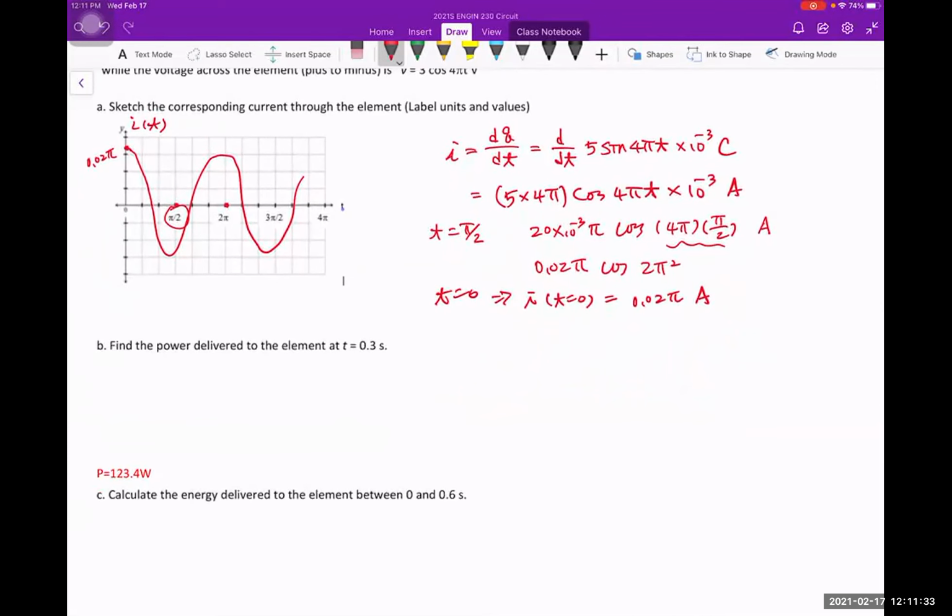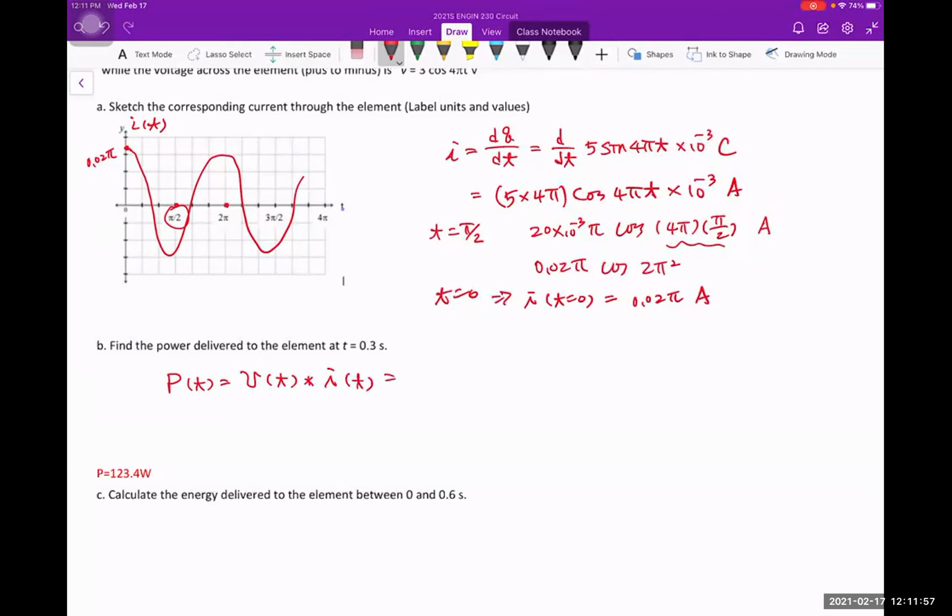Okay, now the next thing here requires you to do some calculation with calculus. In part B, we wanted to find the power delivered to the element at a time equal to 0.3 seconds. You have to use the definition of power. The power, as a function of time, is v times i.